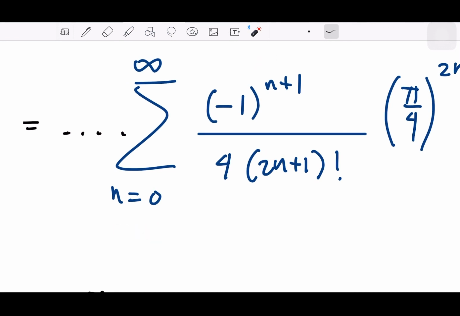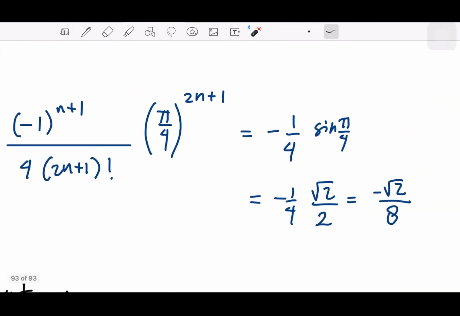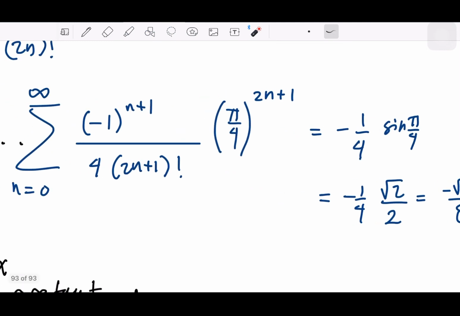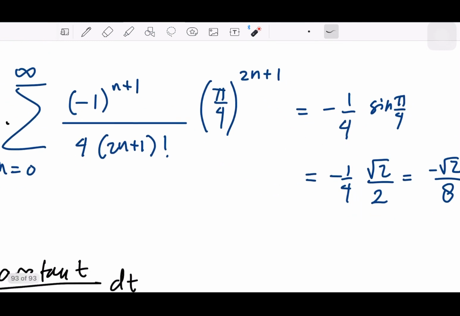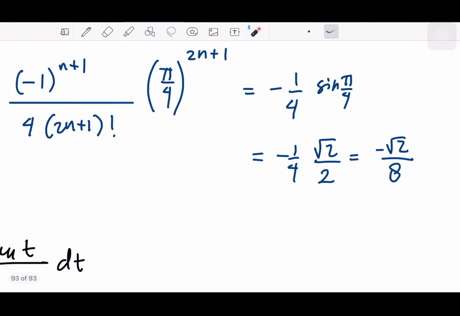We can change to n equal 1 to make it into our sine in Maclaurin, and we have sine pi over 4. We need to multiply with negative 1 over 4. This is when n is 0, right? When n is 0. Yeah. Because when n is 0, this will be negative.